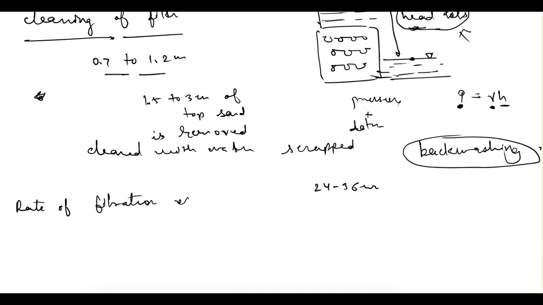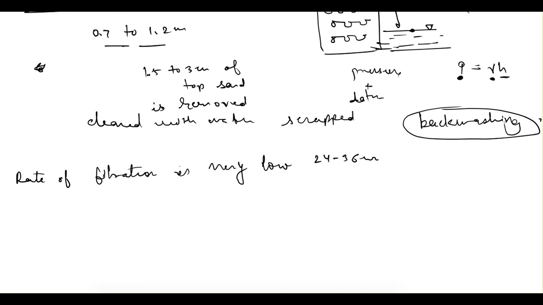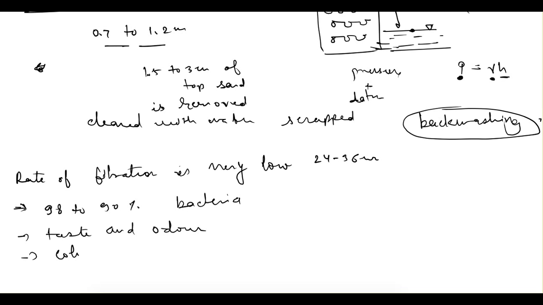The rate of filtration is very low in slow sand filters. Whereas if you talk about their purification abilities, they can remove up to 98 to 99% of bacteria, which is very good. Apart from that, they can remove taste and odor, but they are not good with colors.